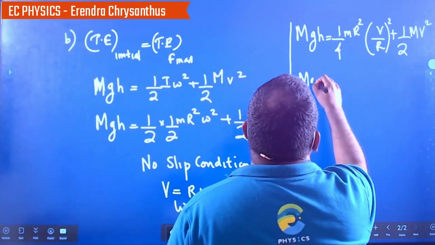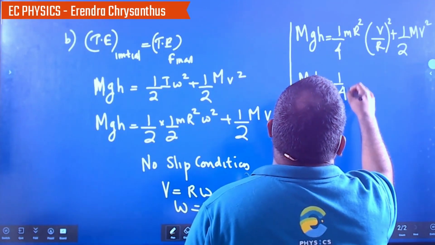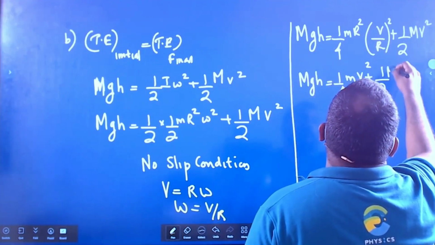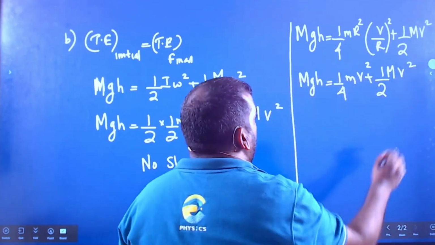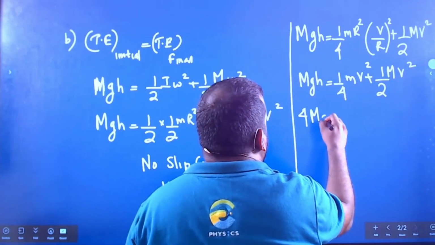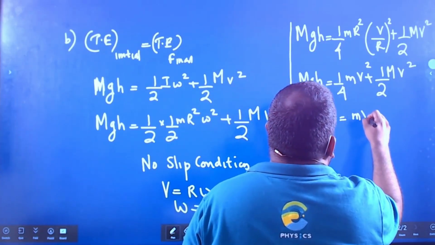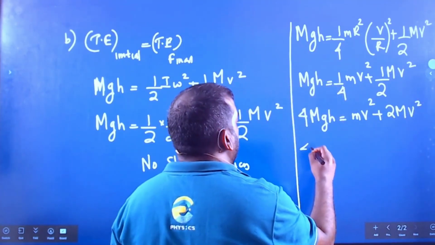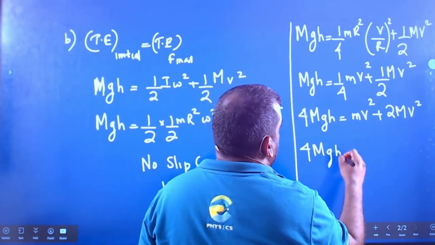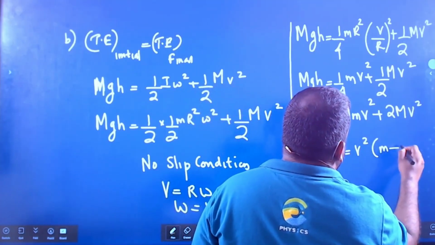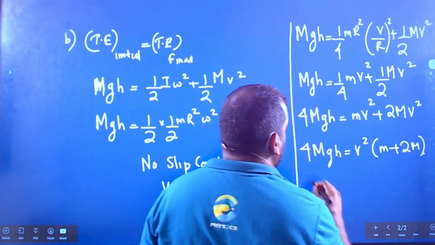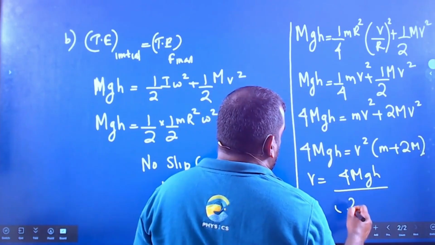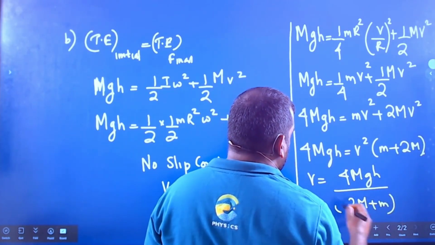Here the quarter simple m R squared cancels off, leaving half capital M v squared. Multiply by 4: 4 capital M gh equals simple m v squared plus 2 capital M v squared. 4 capital M gh equals v squared times simple m plus 2 capital M. v is equal to the square root of 4 capital M gh over 2 capital M plus simple m.